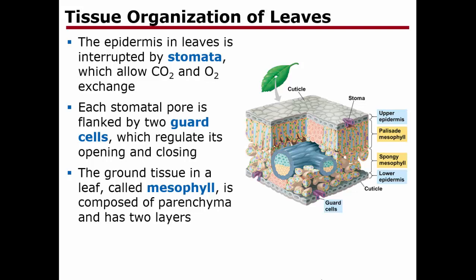So together these two cell layers carry out the bulk of photosynthesis within the plant. In some types of plants, stems also have a photosynthetic function, but most of the time, leaves carry out the majority of photosynthesis.